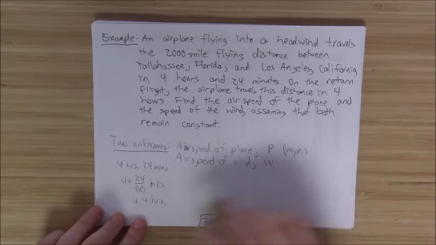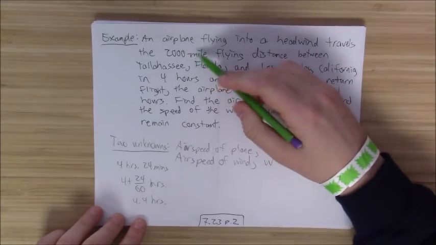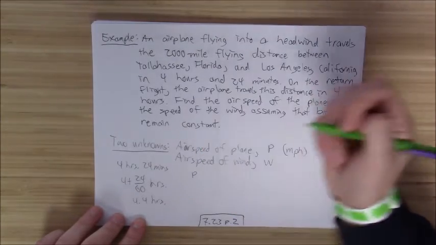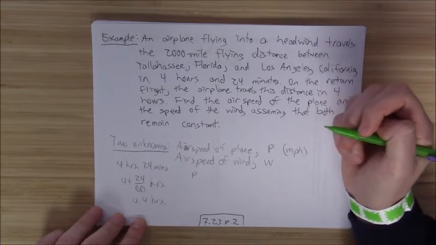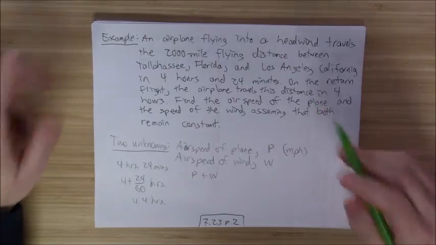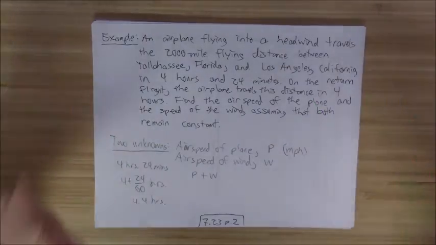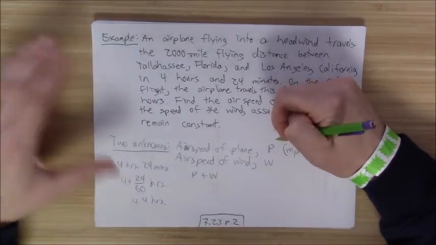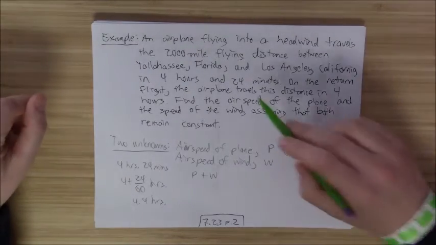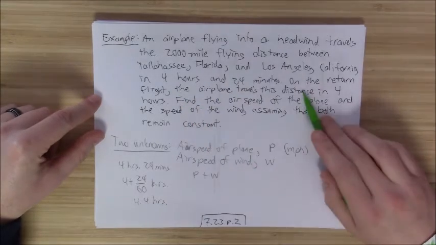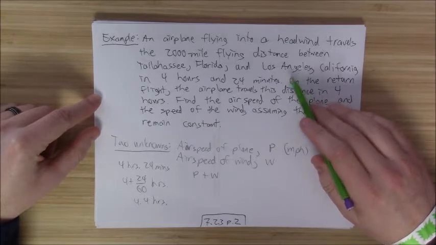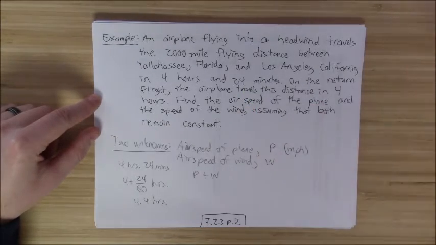Now, with 4.4 hours, what do we know? We know that the speed of the plane plus or minus the speed of the wind matters here. You sort of need to see the picture. In one direction, the wind's going to be going against the plane. In the other, it's going to be going with the plane. It takes longer when you fly towards Los Angeles because the wind's blowing against you.